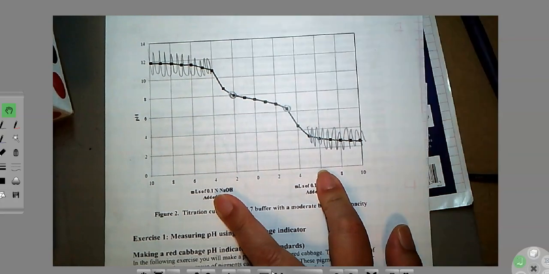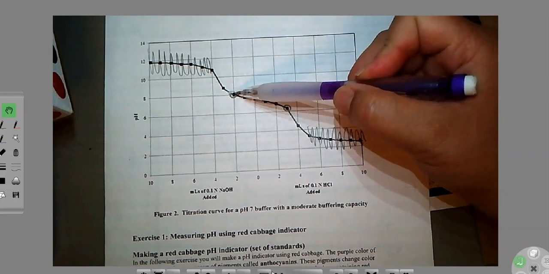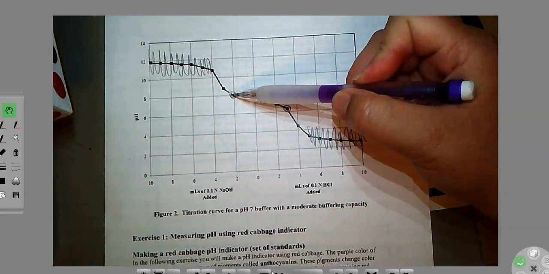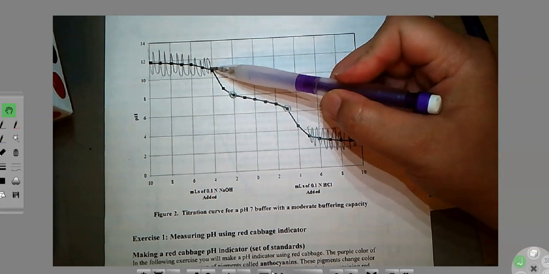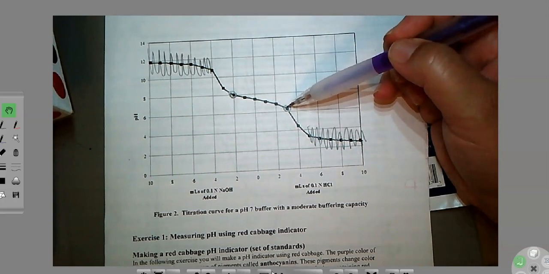So it's flat, flat, flat, flat. Oh, what's happening? This is the last flat point before it stops acting like a buffer. It's like, okay, I'm going to maintain the pH here, but then after that, it shoots up to 12. And here it shoots down to a pH of 2.